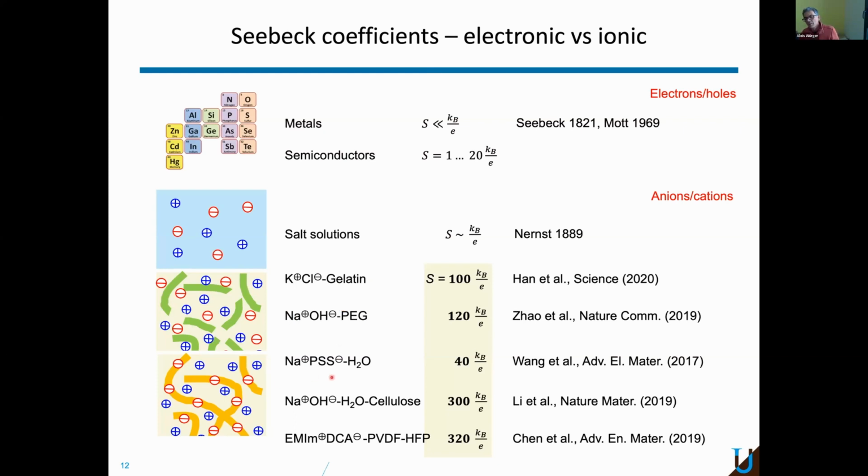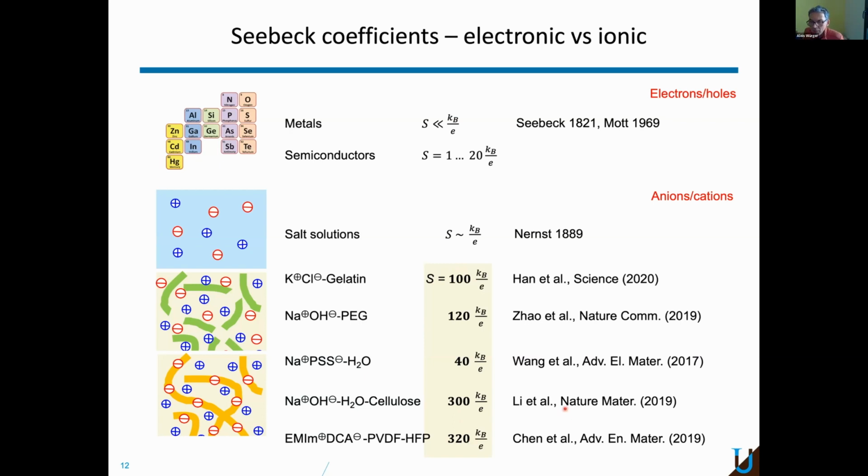Or here this is a polyelectrolyte matrix, PSSNa, so polystyrene sulfonate with sodium, with some water. This is very ordinary cellulose, which is obtained from wood. And again, you just put in highly concentrated sodium hydroxide. And here, as you see, you have values of 100 or even 300, 320 kB over e.